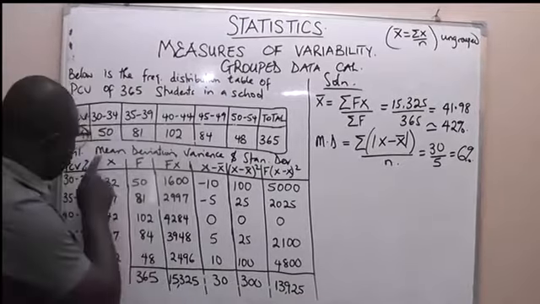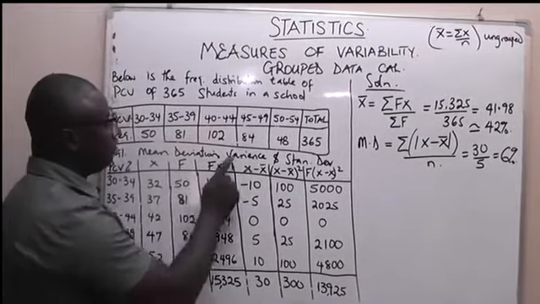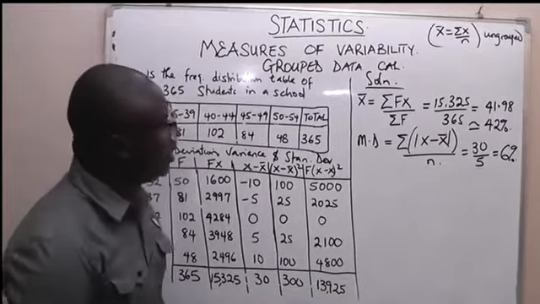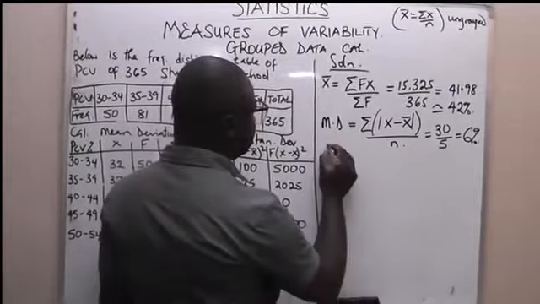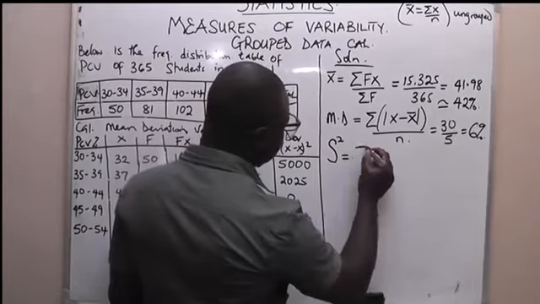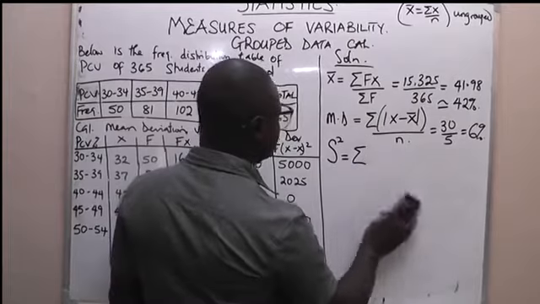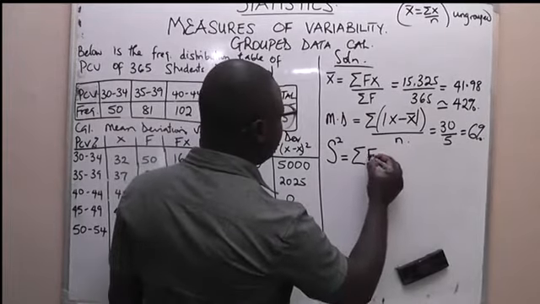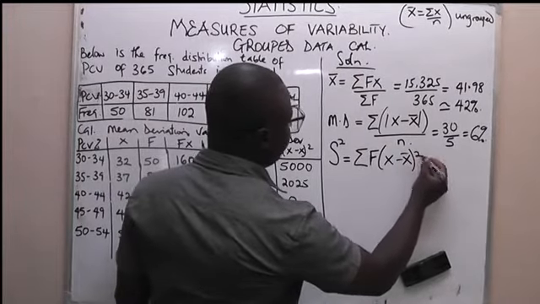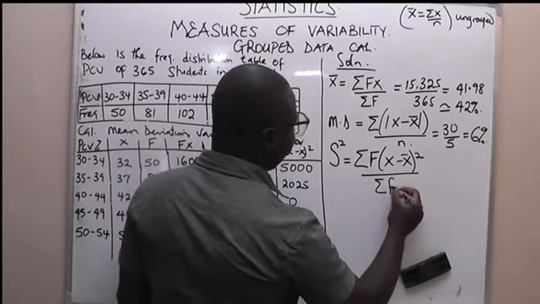All right. So we are done with one of the questions that was asked, because we are meant to calculate mean deviation, variance, and standard deviation. Now let's move to variance. Okay. The formula for variance is s squared equals summation f open bracket x minus x bar squared, all over summation f.